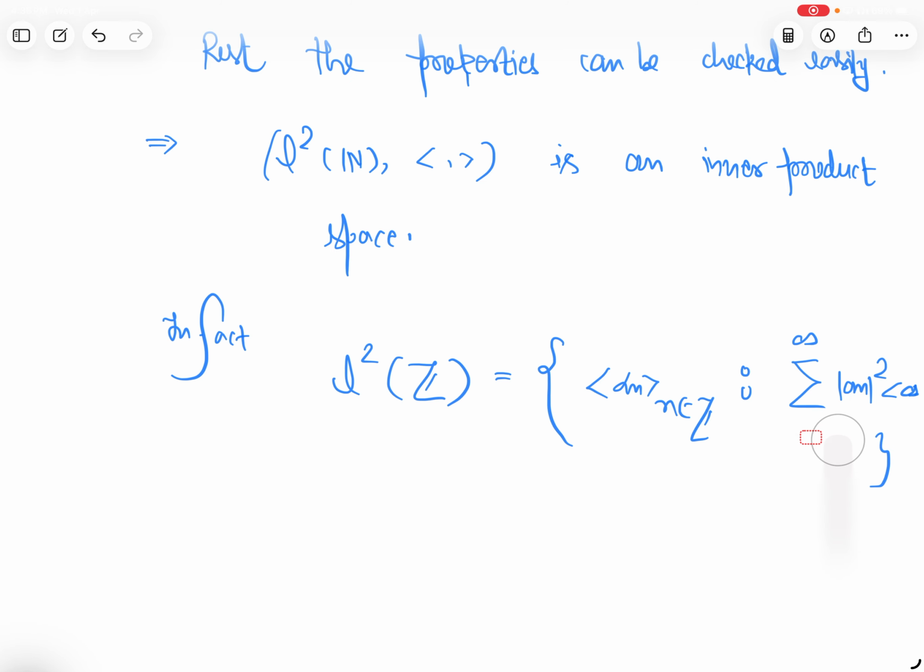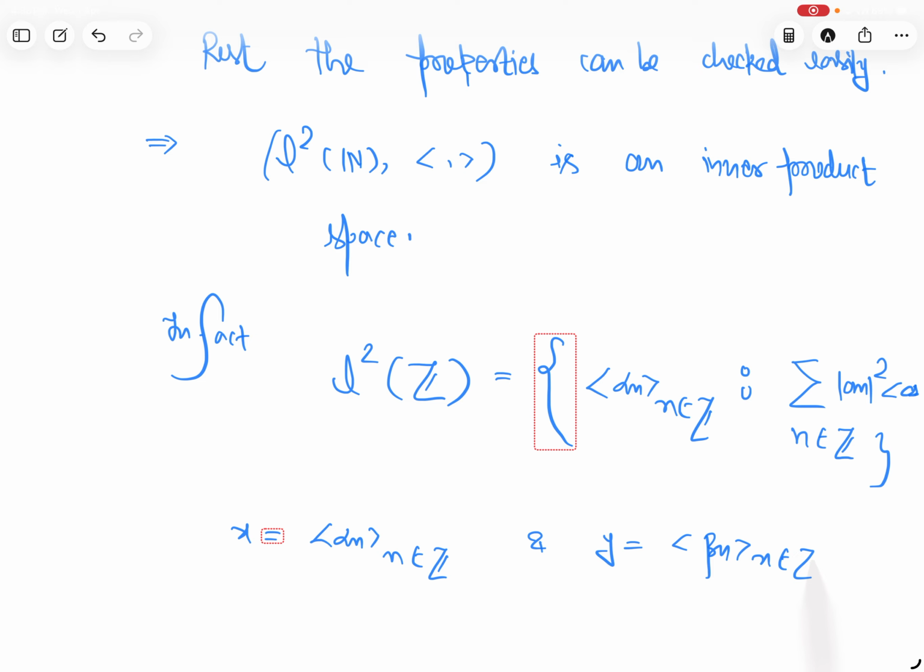Or you can simply write n belongs to Z, that will also work. Similarly, suppose x is (alpha_n), n in Z, and y is (beta_n), n in Z, and these two belong to l2(Z).